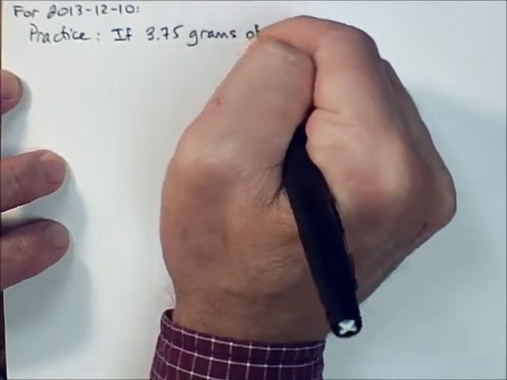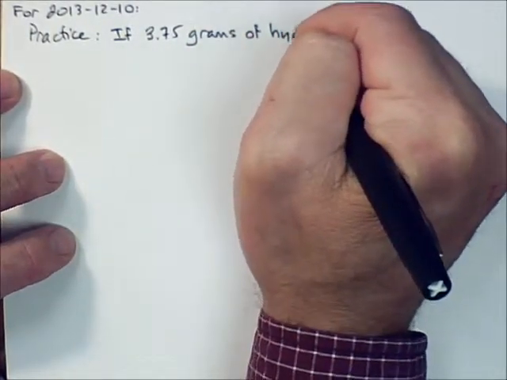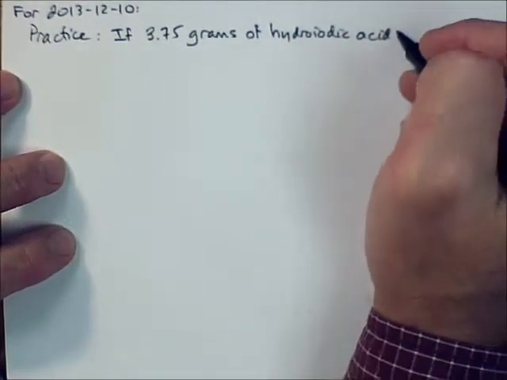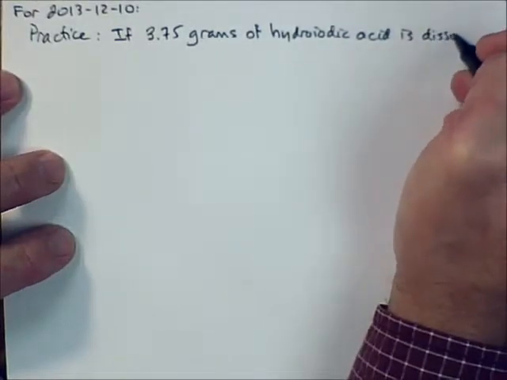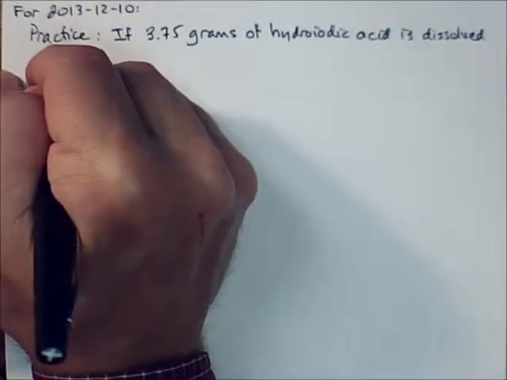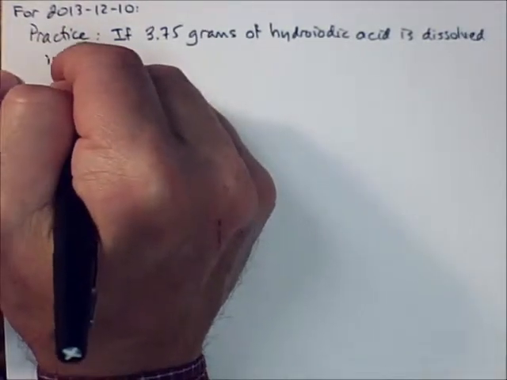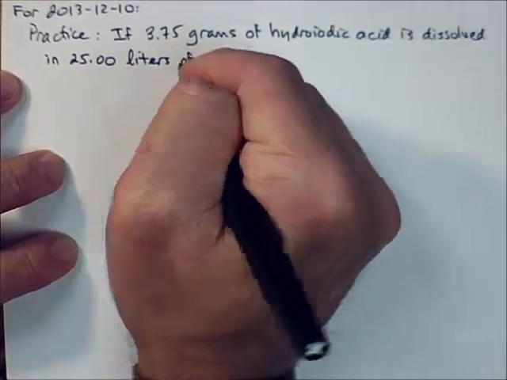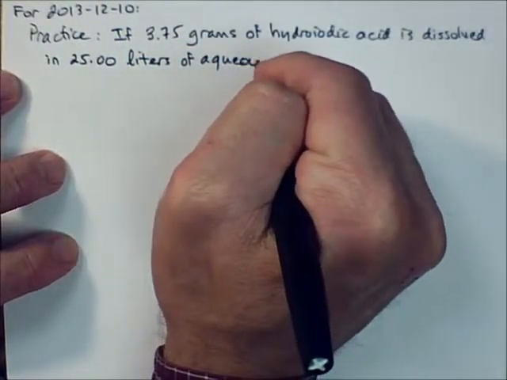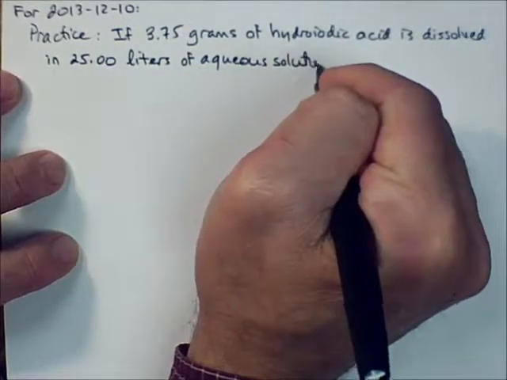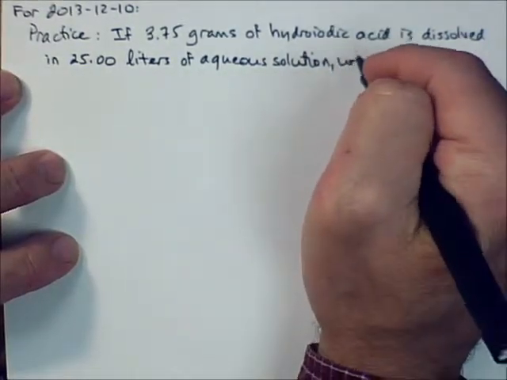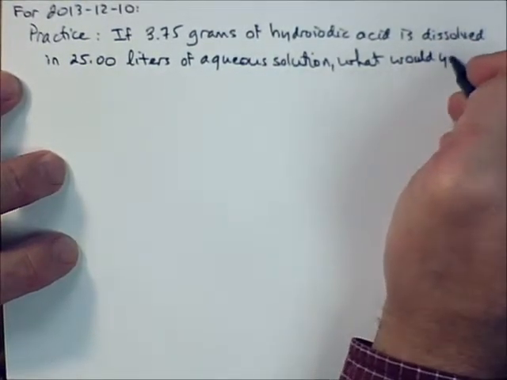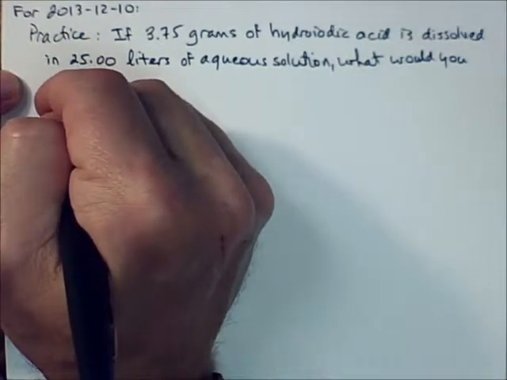You have 3.7 grams of hydroiodic acid dissolved in 25.00 liters of aqueous solution. What would you expect the pH to be?